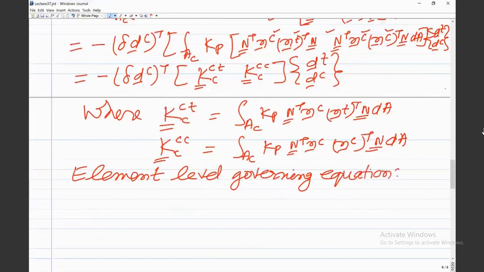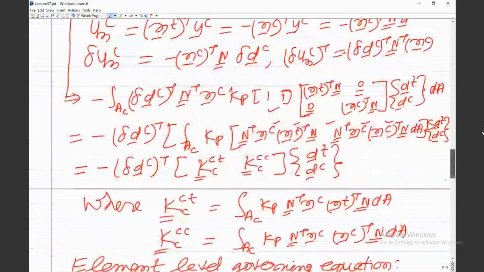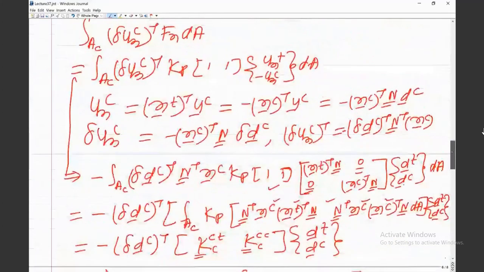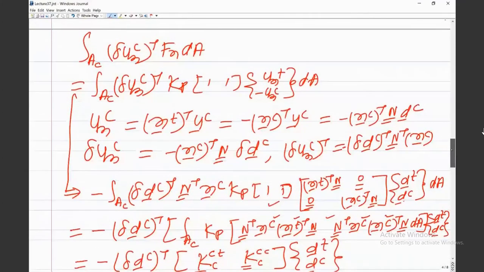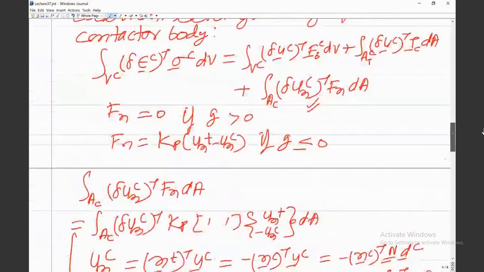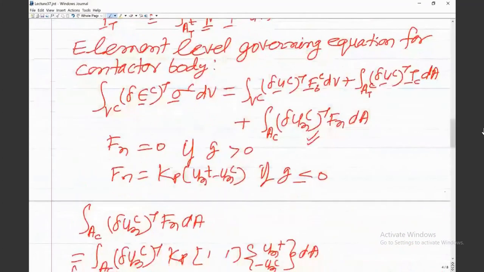Of the weak form, ultimately you are taking the variation, and delta DC is common and taken out, because that is arbitrary. So what we have in the multiplication should be equal to 0. This term gives you KC into DC, and this term, because it has a minus sign, we take to the left hand side, so it gets added on the left hand side, and these two terms, after taking the variation delta DC out, we keep on the right hand side.